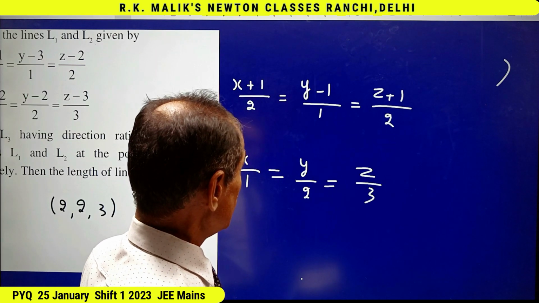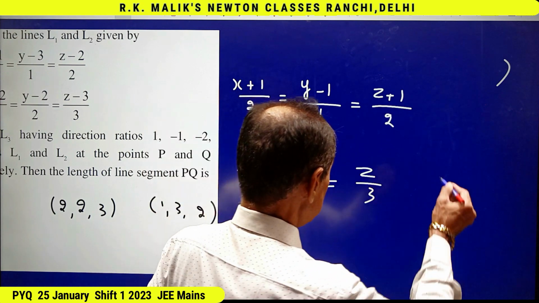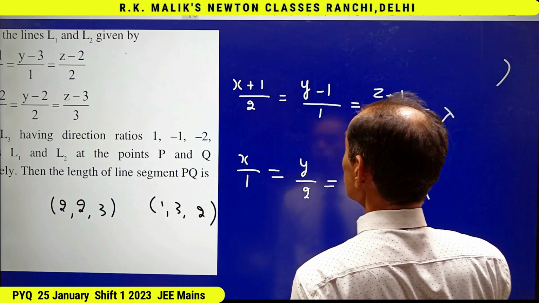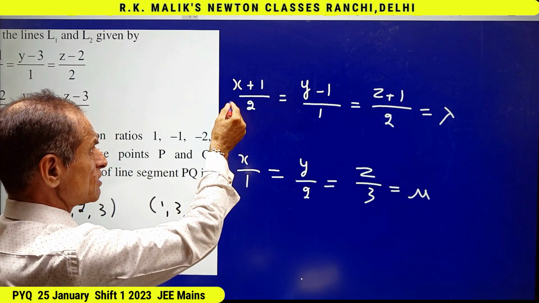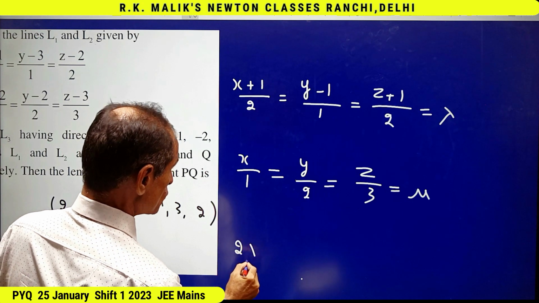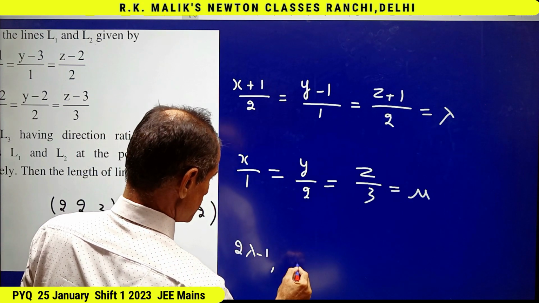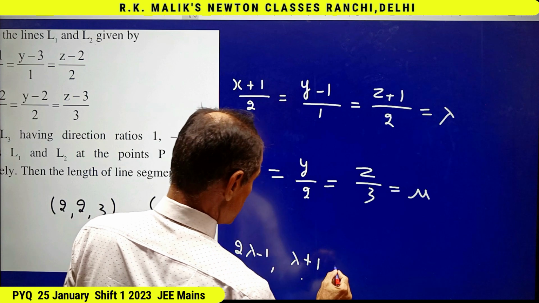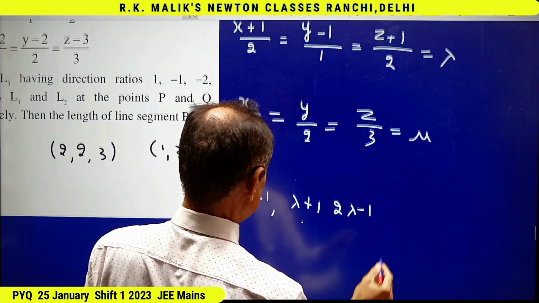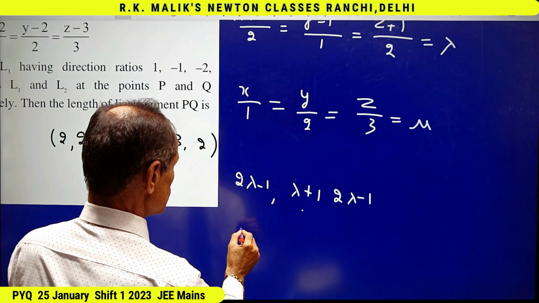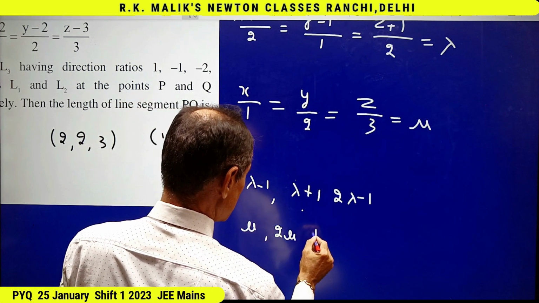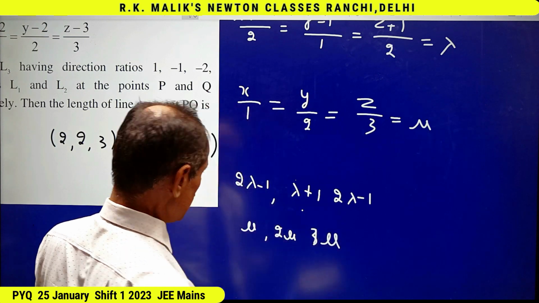And now proceeding as usual, let it be equal to lambda, let it be equal to mu. Hence any point on this line can be written as (2 lambda minus 1, lambda plus 1, 2 lambda minus 1). Any point on this line is (mu, 2 mu, 3 mu).